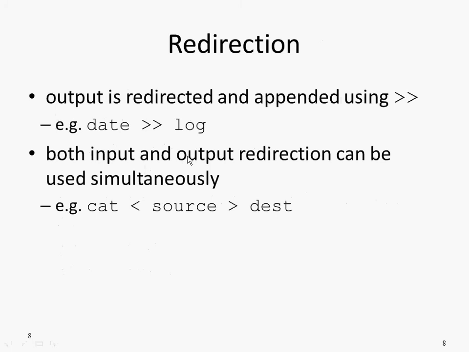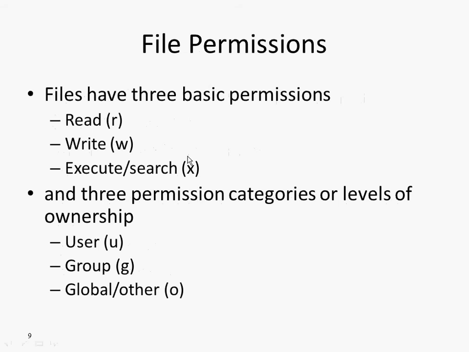Okay, we talked about file permissions. And ladies and gentlemen, there are basically 3 types of permissions you can grant: read, write, and execute, or search or open as a directory.